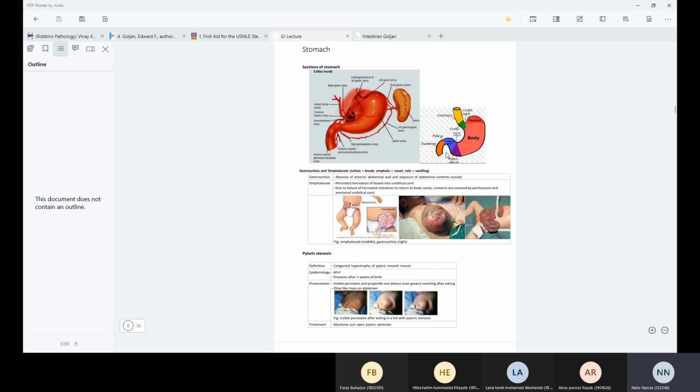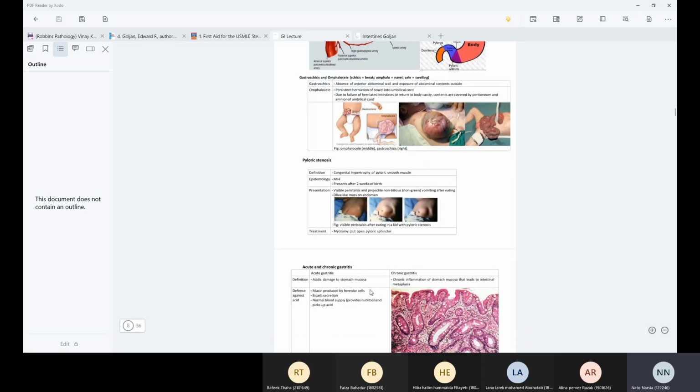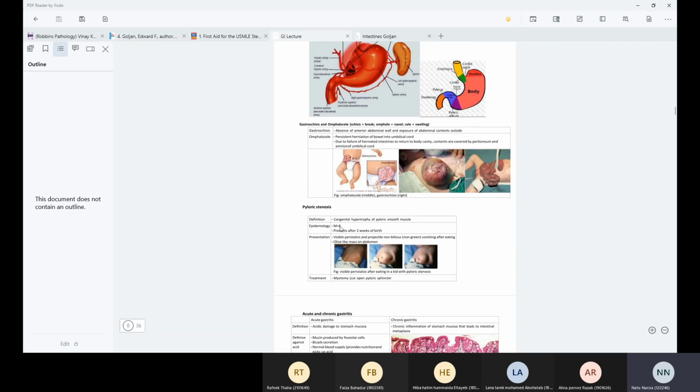The sphincter consists of smooth muscles, and in the pyloric area you have hypertrophy of the smooth muscles. For that reason, you will have stenosis. This information is important: there is male predominance. If a baby boy is born, most likely there will be pyloric stenosis.